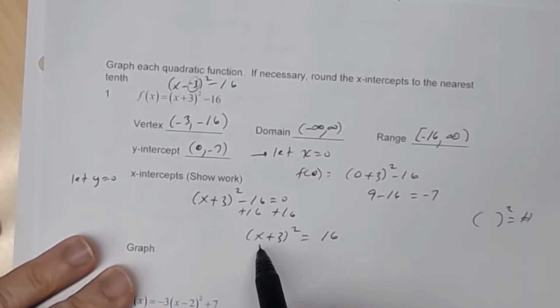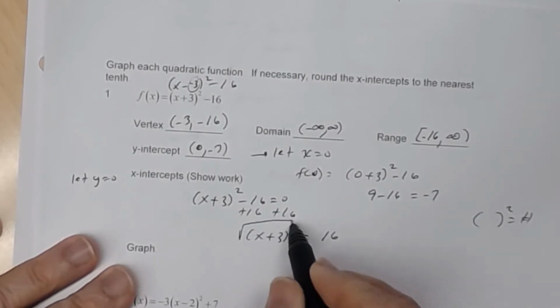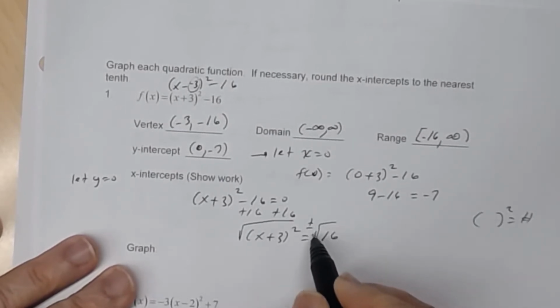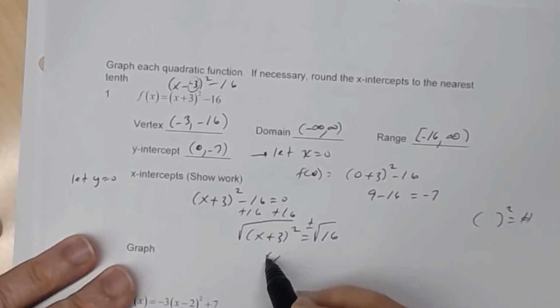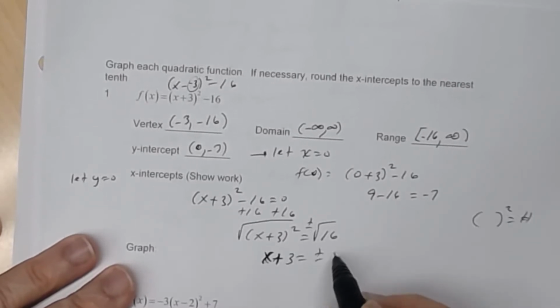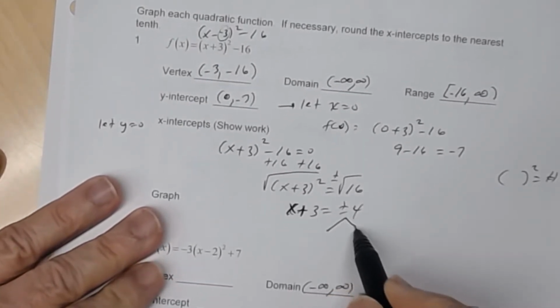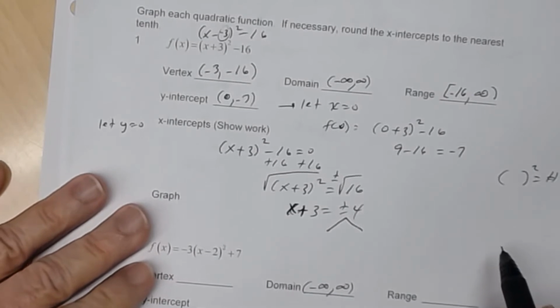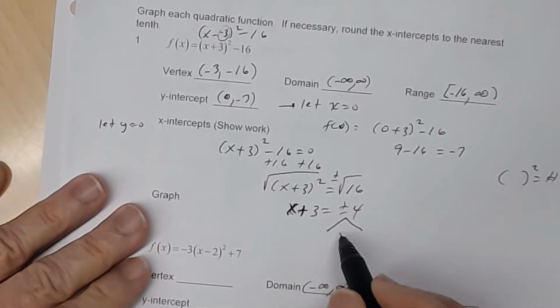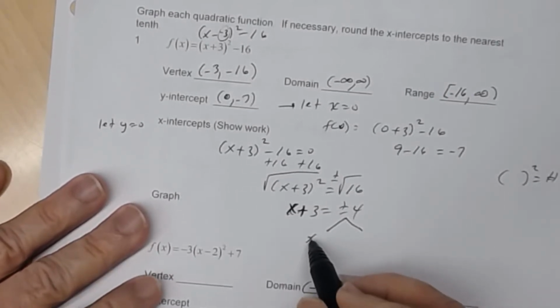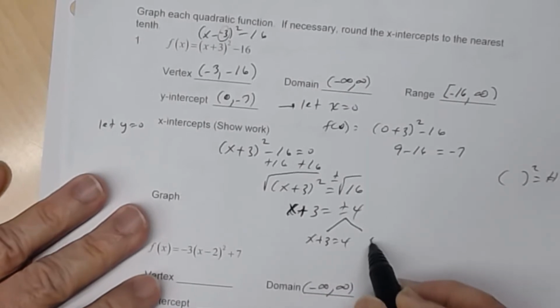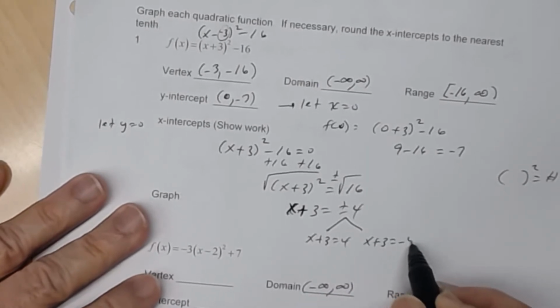Now remember, at that point you take the square root of both sides, plus or minus. Don't forget the plus or minus. So you have x plus 3 equals plus or minus, and the square root of 16 is 4. Then you write it as two separate equations: x plus 3 equals 4, and x plus 3 equals negative 4.